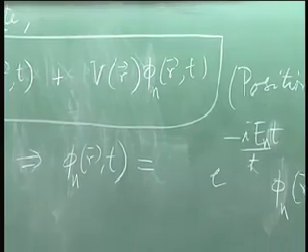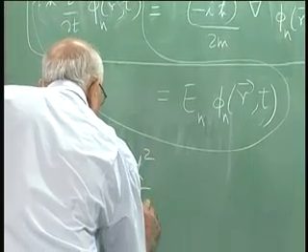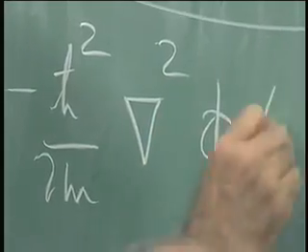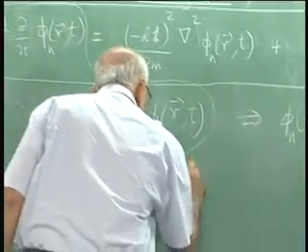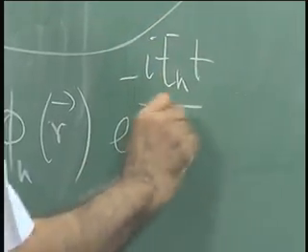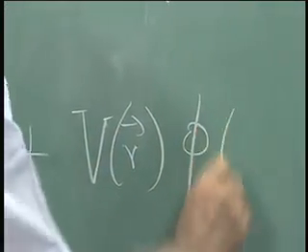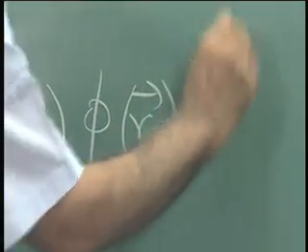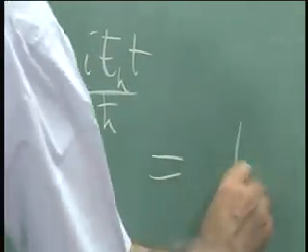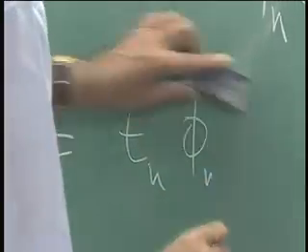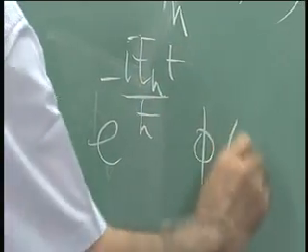Now I put that back in this portion out here, and what does it say? It says minus h cross squared over 2m del squared phi n of r times e to the minus i E_n t by h cross, plus V of r phi n of r e to the minus i E_n t by h cross, is equal to E_n times e to the minus i E_n t by h cross phi n of r.